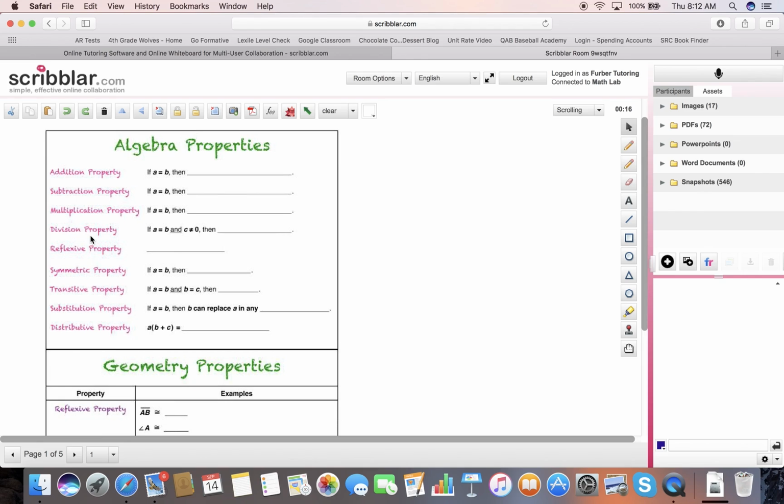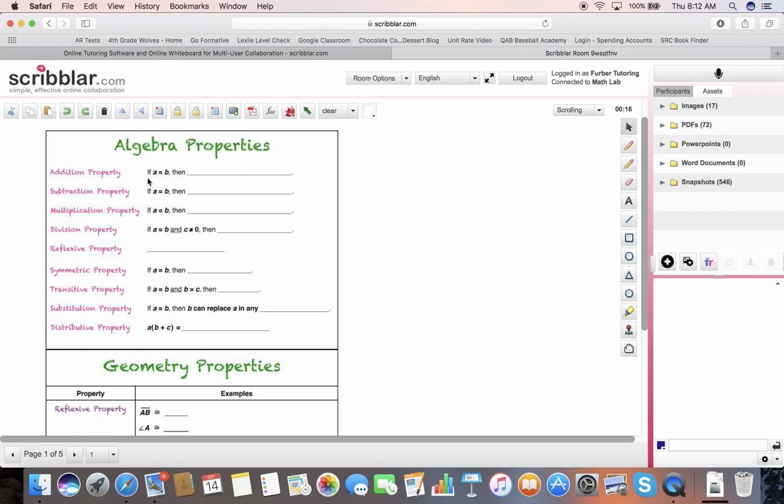The first four are operation properties, and they all refer to solving equations and keeping the equations balanced. You should know by now that whatever you do to one side of an equation, you have to do to the other to keep it balanced. So the addition property is actually called the addition property of equality.